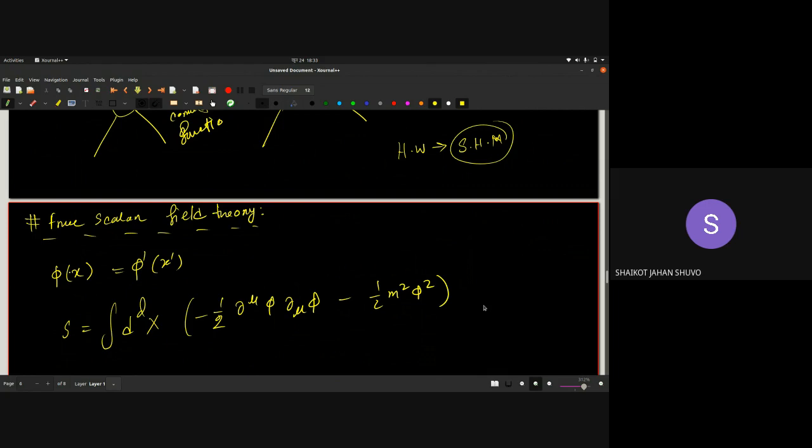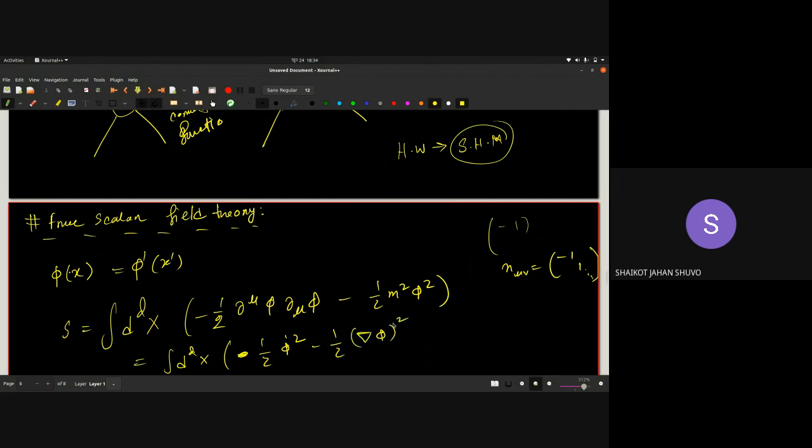So this is the action, and if you work in 4 dimensions or any dimension where there is only a single time direction, then you can decompose this thing as -1/2. And if the metric you choose is something like this, that means that you identify the time with a minus sign, then this one will go away, and you will have this phi dot squared, -1/2 the gradient of phi whole squared, -1/2 of m squared phi squared.